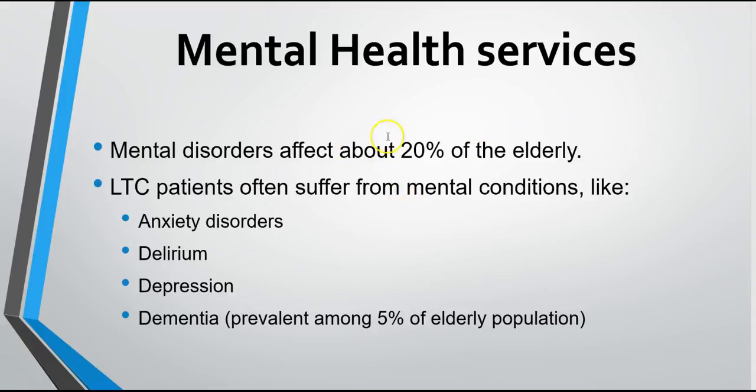Mental disorders affect about 20% of the elderly. But I do want you to remember that a lot of times they're less likely to receive the mental health care they need because there are so many other ailments or health issues that they have that are being addressed.